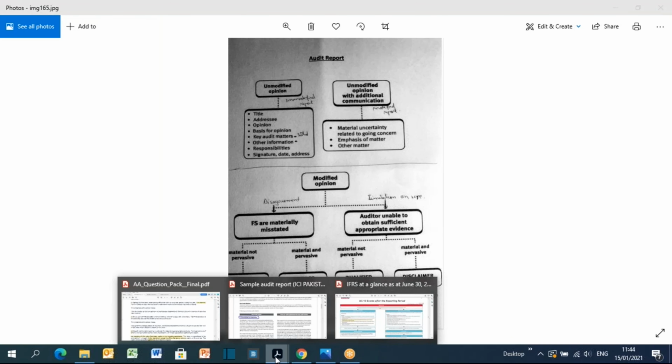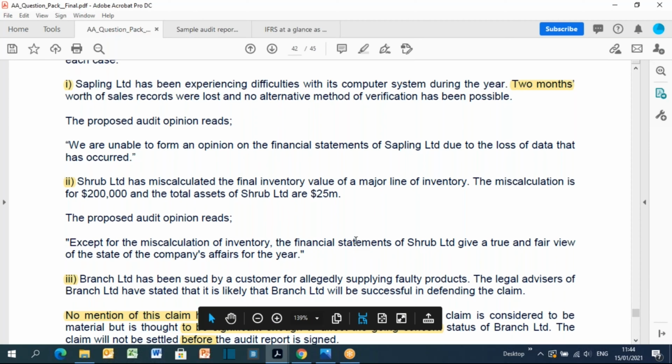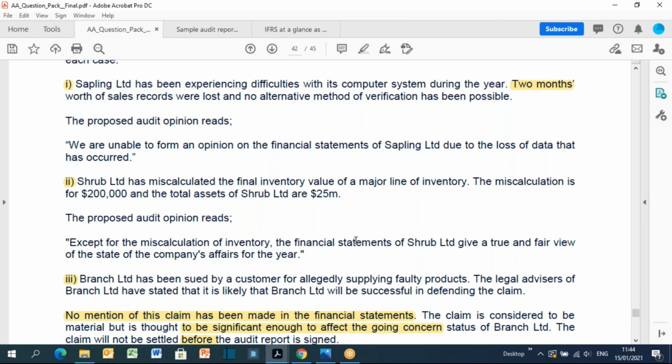But if you think in real life about what will happen if a company loses two months of records, you cannot just destroy them by saying, oh, we can't give an opinion, disclaimer of opinion, because everyone is reading the auditor's report and they are going to go down if you say this.